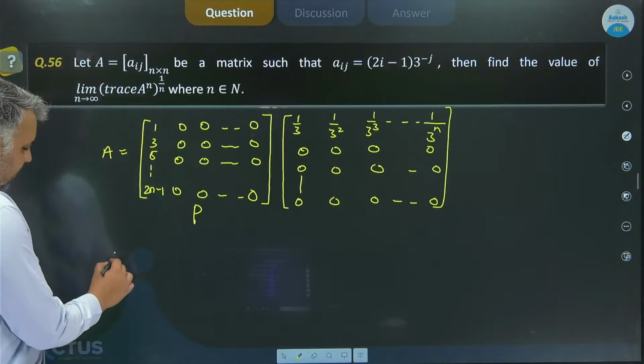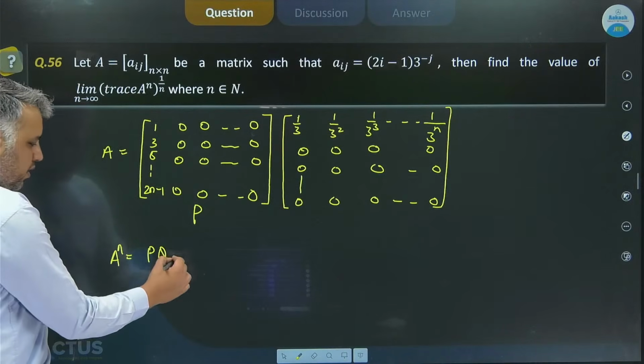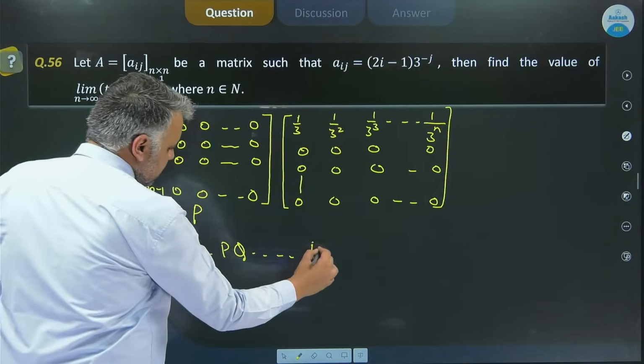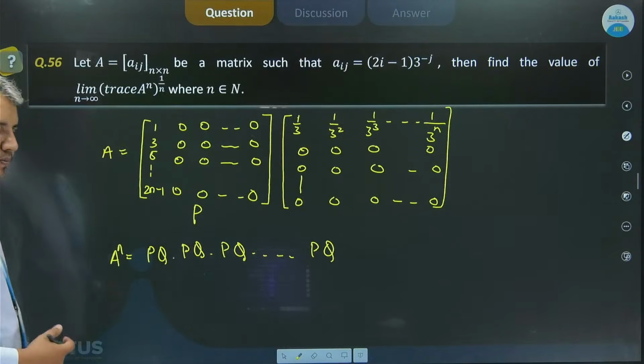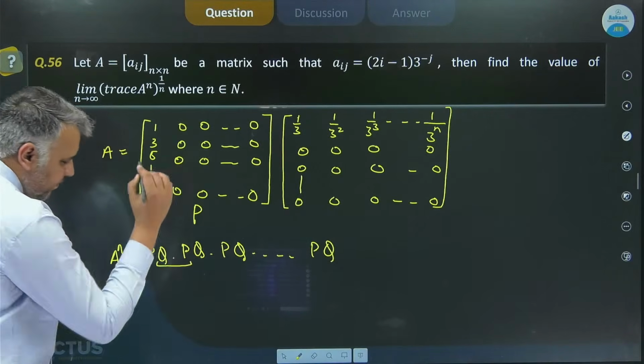So if I talk about A power n, that must be (PQ) whole power n, or PQ into PQ into PQ, and so on, like this. Okay. Now, what is QP?